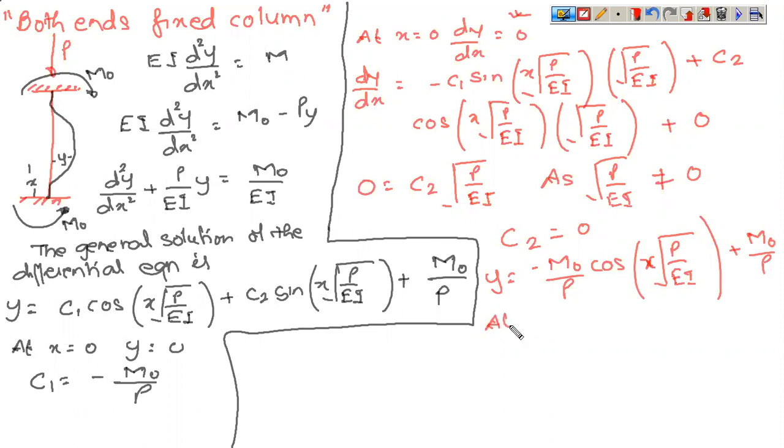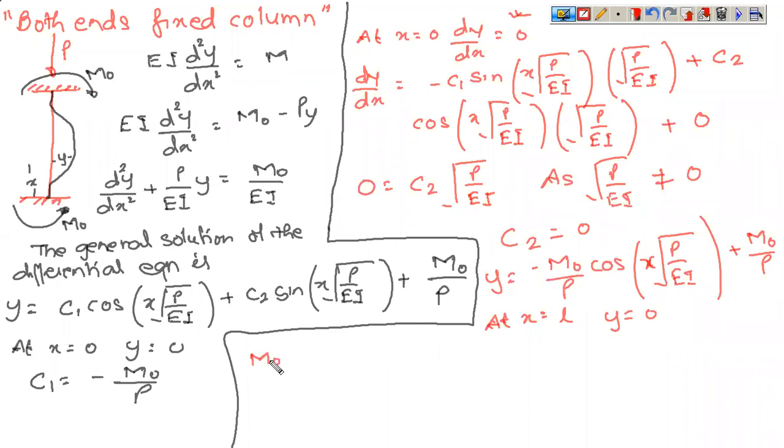Again, at x is equal to L, y is equal to 0 at this end. So if you put down these values, x is equal to L, what do you get? 0 is equal to... or let us not say 0 equal to, let us take the bracket to the other side.